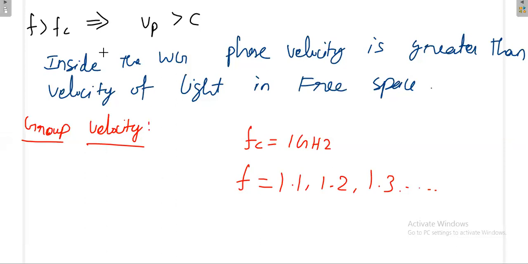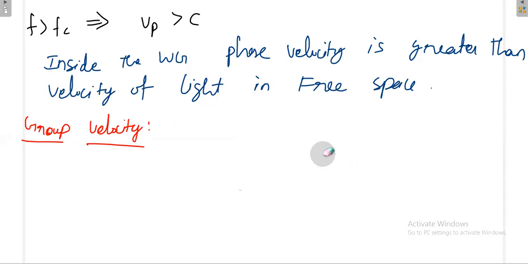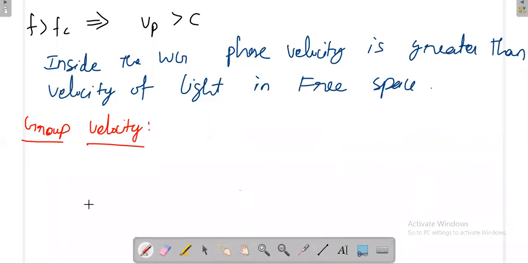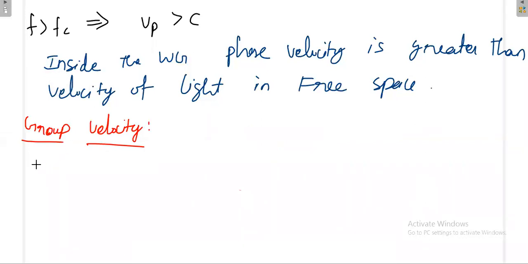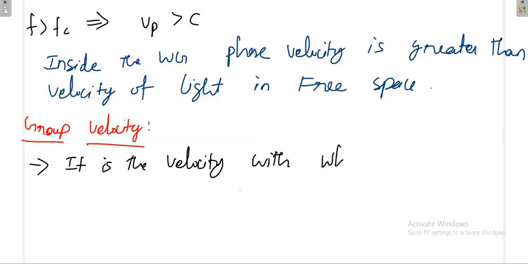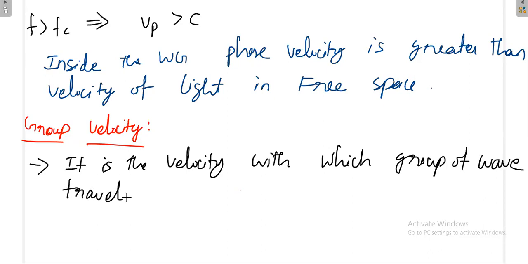It is the velocity with which the group of waves travels.